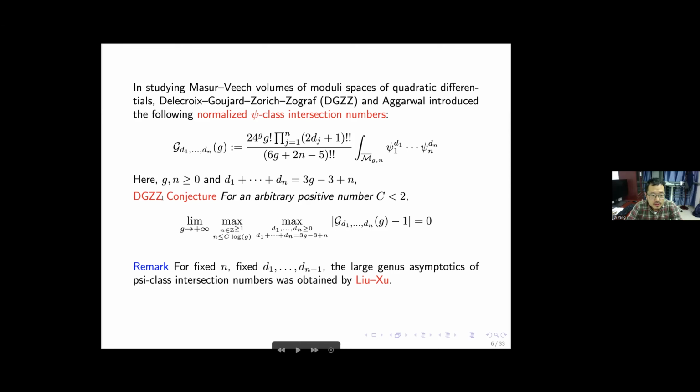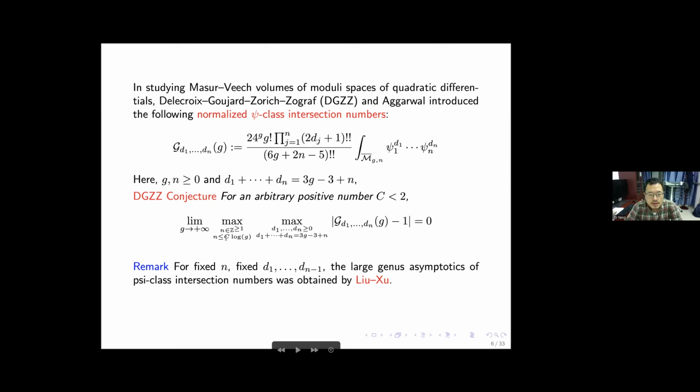Delecroix-Goujard-Zograf-Kontsevich, they made this conjecture. So for arbitrary positive number C smaller than 2, this renormalized psi-class intersection number tends to 1 uniformly for this range.